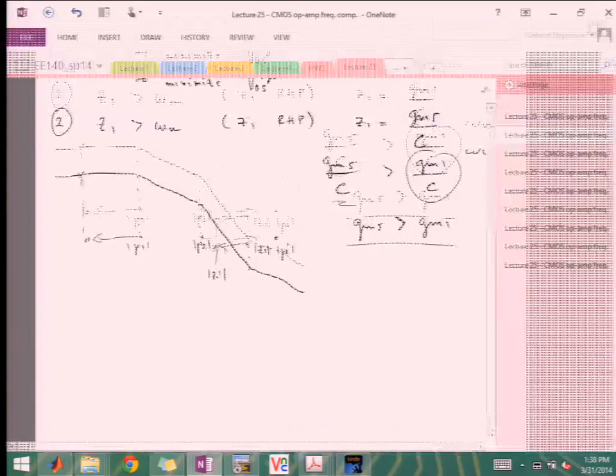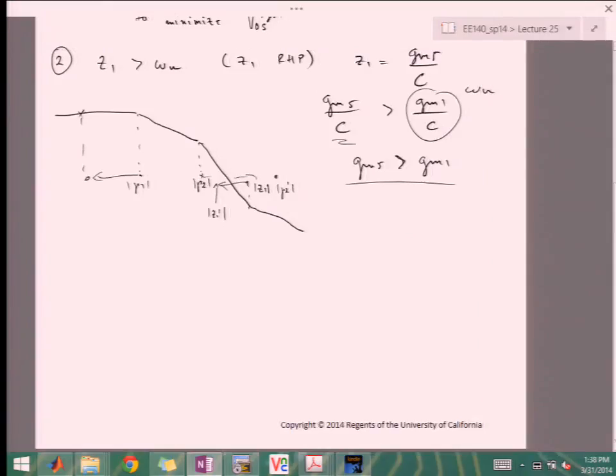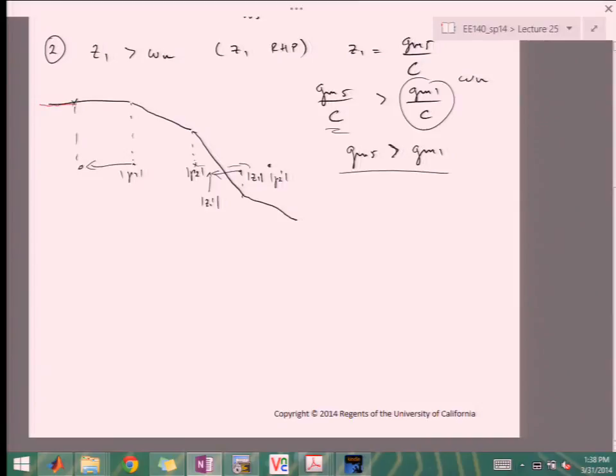Then the curve looks different. You start breaking from here, and then start going down till here. Then you flatten, and then you start breaking again by -20.